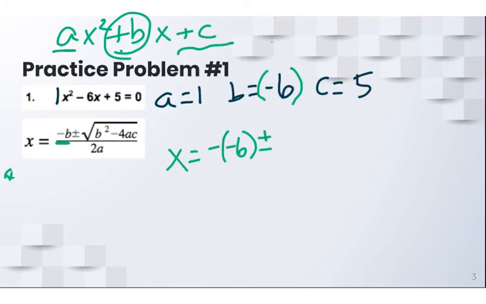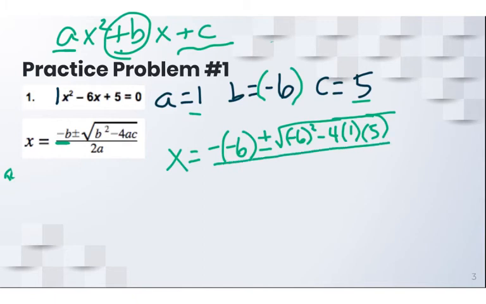And, as I always do, I'm going to run out of room, so let's be prepared for that. Here I have b squared, so I'm going to put -6 squared minus 4a, so a is 1, times c, and c is 5, divided by 2 times a, which again is 1.